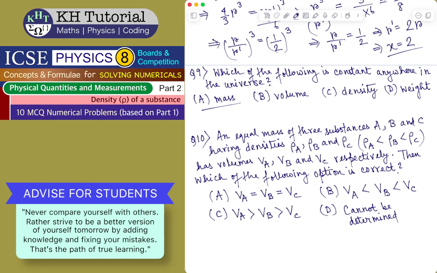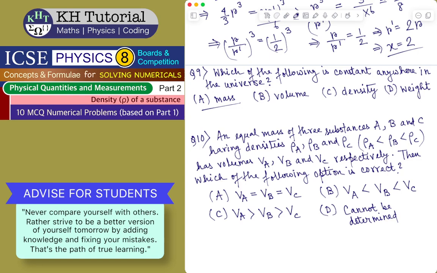Now volume, which of the following is constant anywhere in the universe? Now definitely volume will not be the same anywhere, because you know that if you go to a high altitude, the density of a substance gets changed.